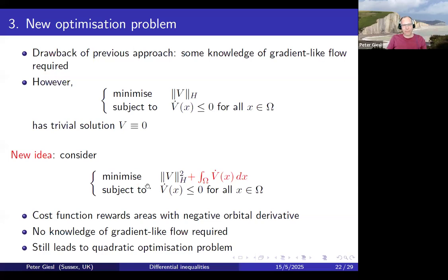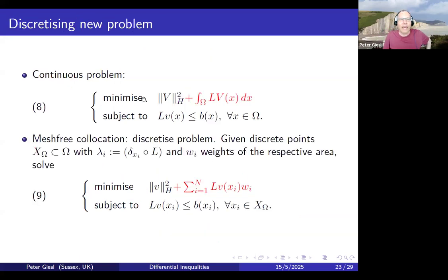If you go through the steps, which I'm not going to do in detail, you can follow the same steps as before. This continuous problem is the one I showed you, and if you discretize it, this term here becomes basically some Riemann integration. It's the simplest form of discretizing this integral.